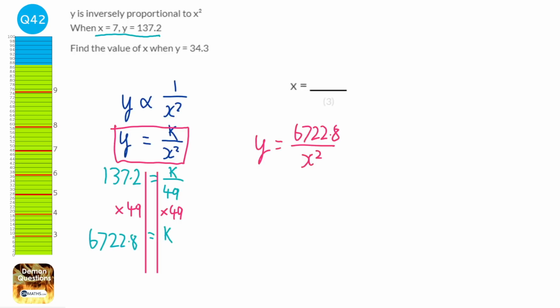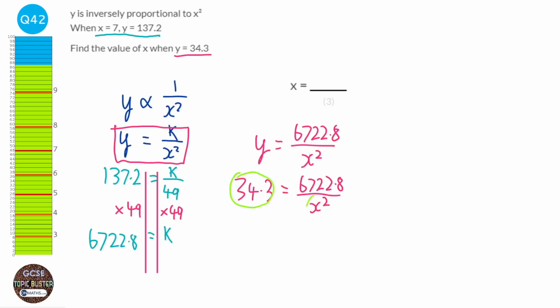And we're going to rewrite that to find out what x is when y is 34.3. So we're going to substitute the 34.3 in. And there's a little trick here. If you've got the unknown at the bottom, what you can do is actually just swap these two over. And effectively what we're doing there is timesing both sides by x squared and dividing both sides by 34.3.